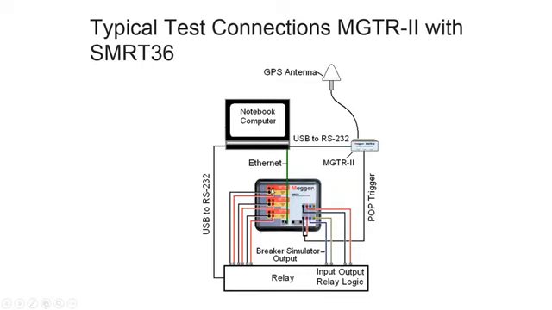You usually need a computer to talk to the test set, a computer to talk to the relay, and a computer to configure your timing reference. You will somehow connect your timing reference to your test set in order to begin the test in both ends of the line at the same time.